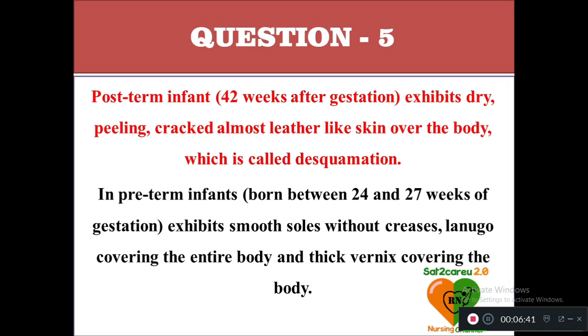A preterm infant born between 24 and 27 weeks of gestation exhibits smooth soles without creases, lanugo covering the entire body, and thick vernix covering the body is commonly present in the preterm infant.